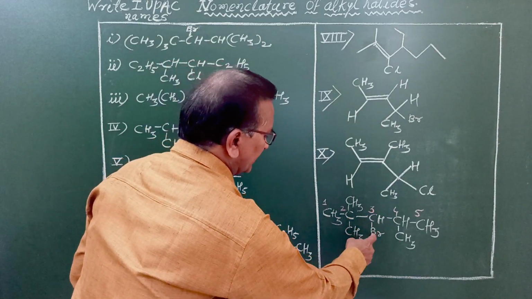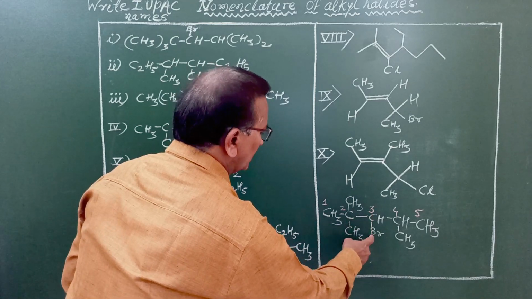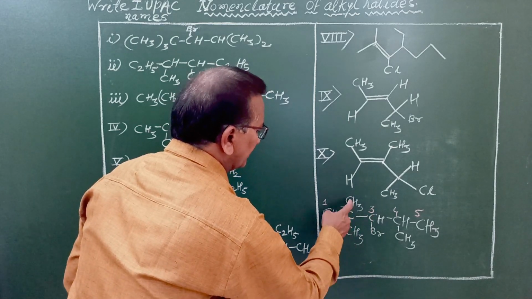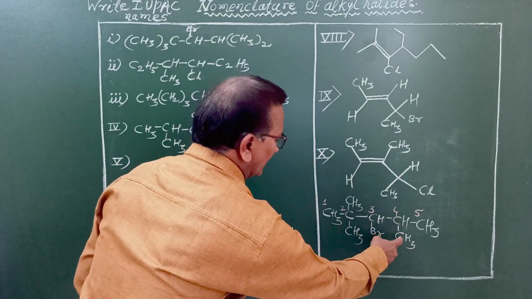Since there are 5 carbon atoms in the longest continuous chain, the parent alkane must be pentane. What about the position of the bromine atom? The bromine atom is bonded to carbon number 3. Therefore 3-bromo. 2 methyl groups are in branches at carbon number 2, and 1 methyl group is in branch at carbon number 4.